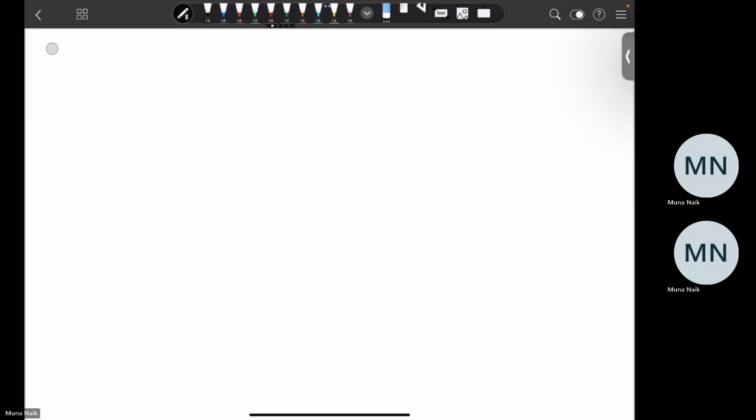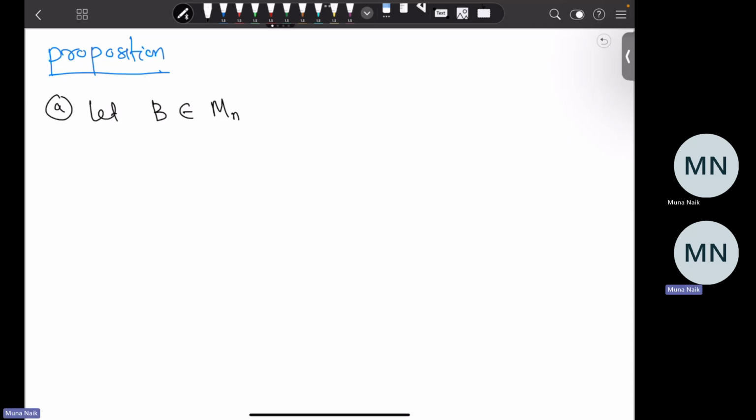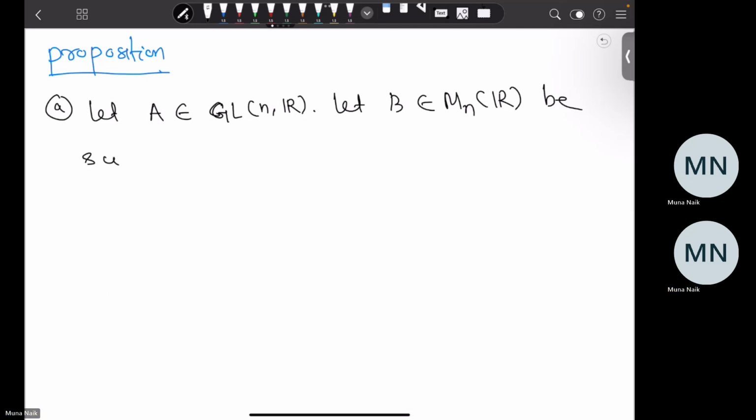So, proposition: let A belong to GLn(R), and let B belong to Mn(R) such that norm of B minus A is less than 1 over norm of A inverse.